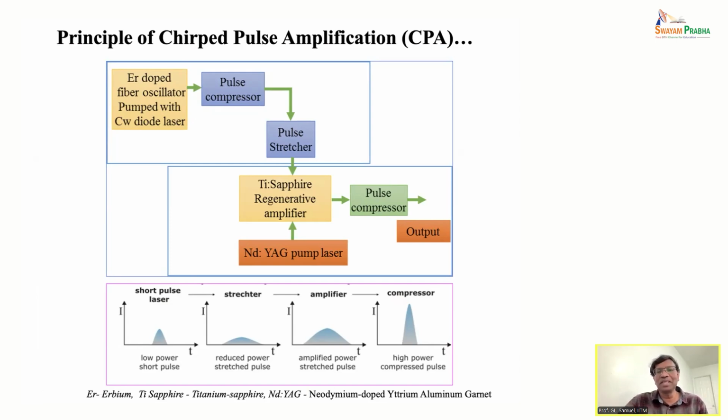Then laser pumping is done, then it is compressed, and finally it comes out. Here we can see a low power short pulse, a reduced power stretched pulse, then amplified power. We have an Nd:YAG laser which pumps more energy into this, and finally it is compressed to the required short pulse.